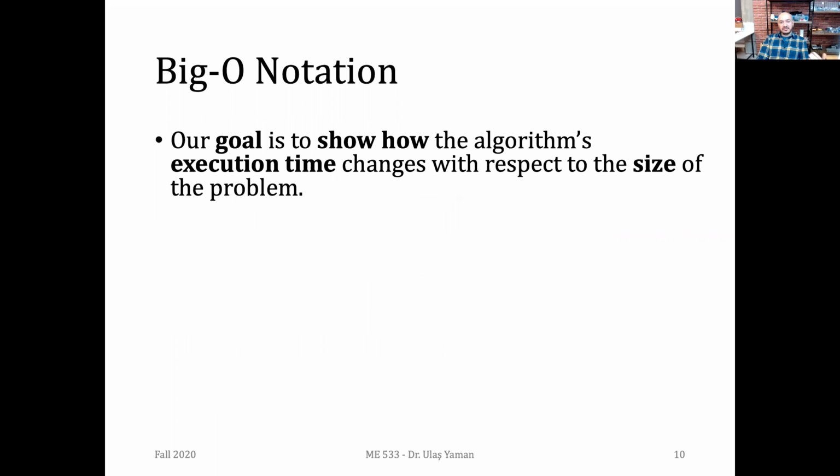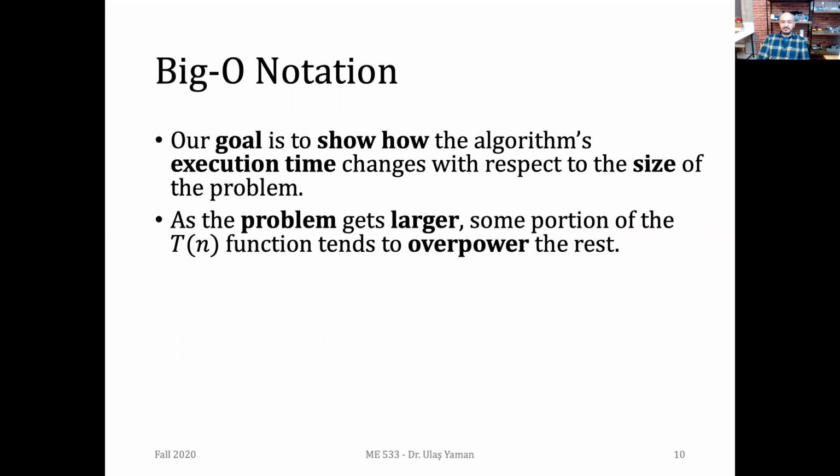What we are going to do is show how our algorithm's execution time changes with respect to the size of our problem. Sometimes we will have more complicated T of n expressions.